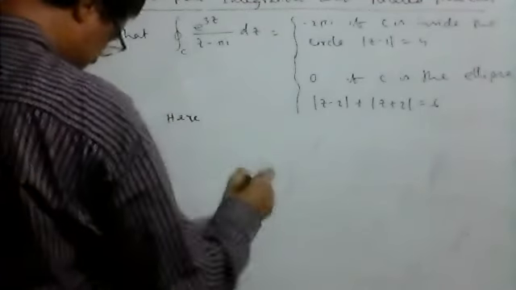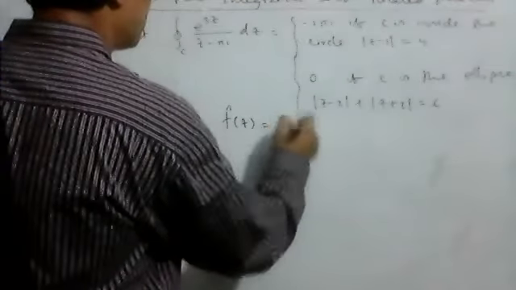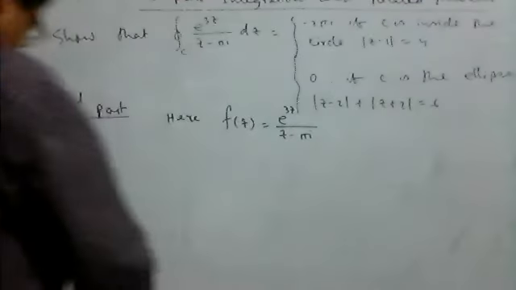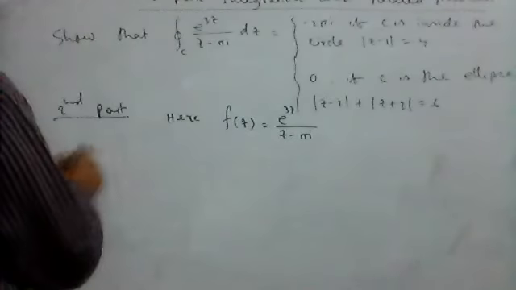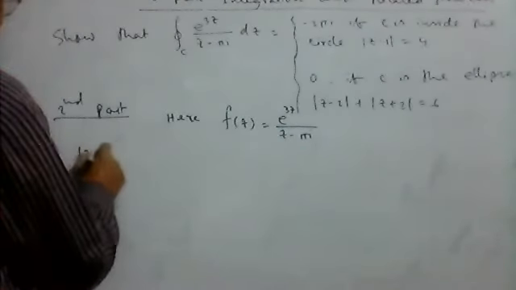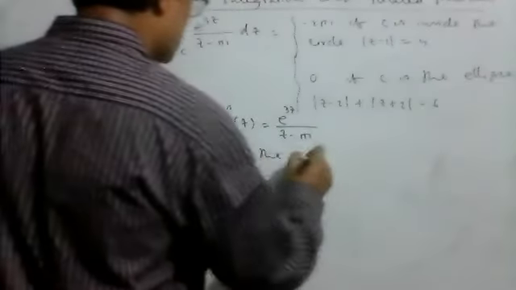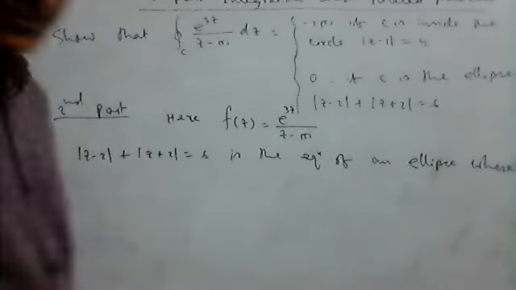Second part. Here the given function is f(z) is equal to e to the power 3z divided by z minus pi I. Mod z minus 2 plus mod z plus 2 is equal to 6 is the equation of an ellipse whose foci, means focuses.